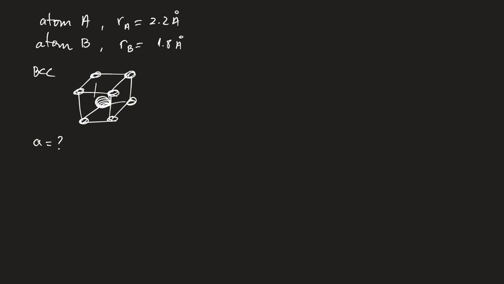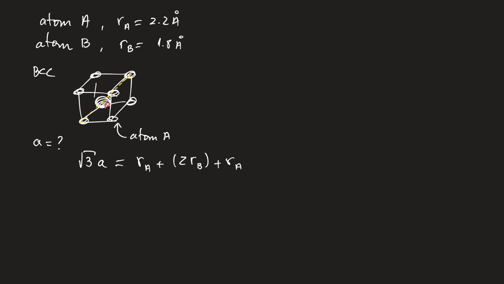Well, we can use the same approach used before. We can take this diagonal here, and we have 3 atoms along this diagonal, meaning our total distance will be, the diagonal of the cube is square root of 3 a. It must be equal to RA plus 2RB plus RA. So what I'm assuming here is the atom A occupies the corners, and the atom B is in the center, right?